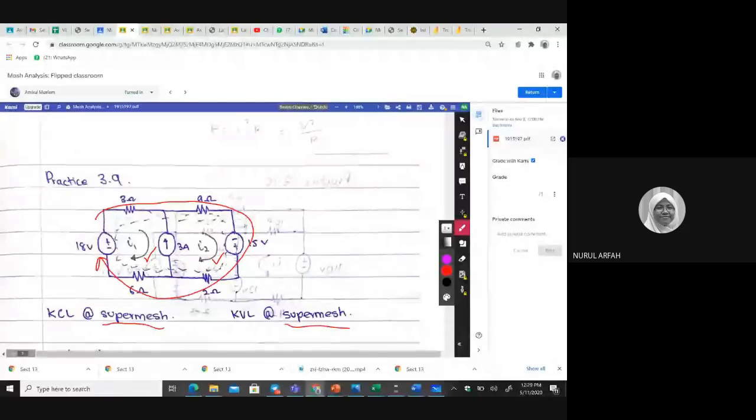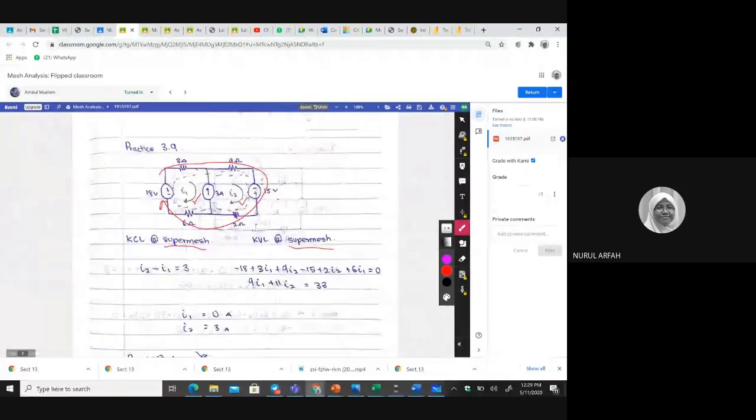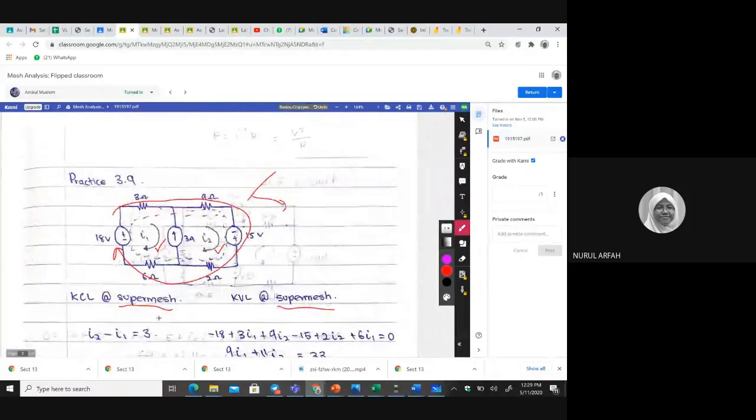Okay, good. When you have a super mesh, you have to apply two things, KVL and KCL. First, KCL: it's supposed to have the same direction of this current, which is I2 minus the opposite equal to the 3, right? So this is correct.